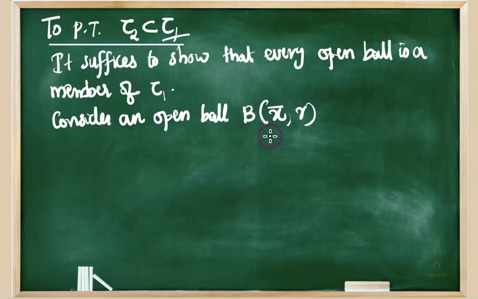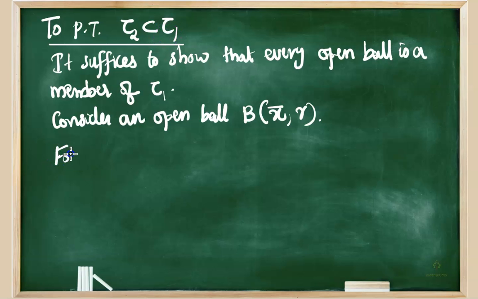This means this open ball is centered at x bar and its radius is r. We will need to show that this open ball belongs to τ1. Remember that τ1 is the product topology defined on Rn.